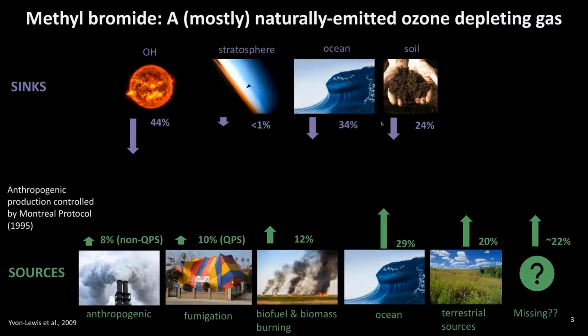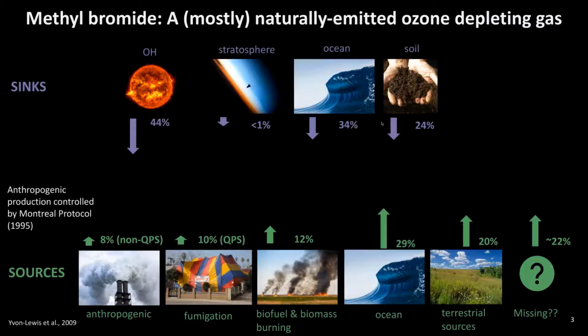When we go up to the sinks, you see that the main removal of methyl bromide is from the hydroxyl radical. There's also some loss to the stratosphere, and the ocean also behaves as a sink. When we talk about the ocean, it's important to consider the net flux between the sink of the ocean and the source of the ocean.